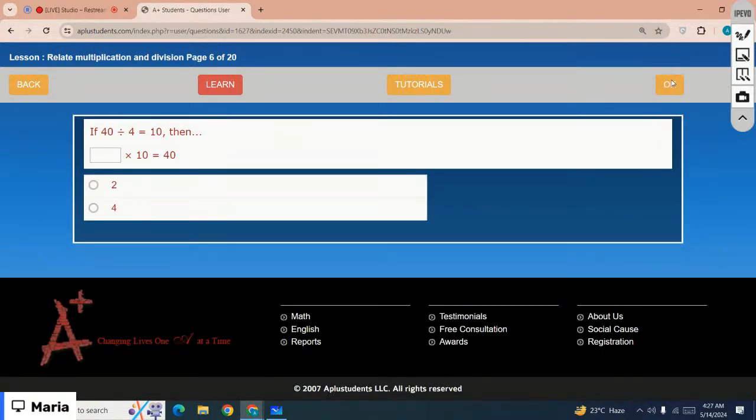Okay, if 40 divided by 4 is 10, then what number times 10 equals 40, which is the correct option?